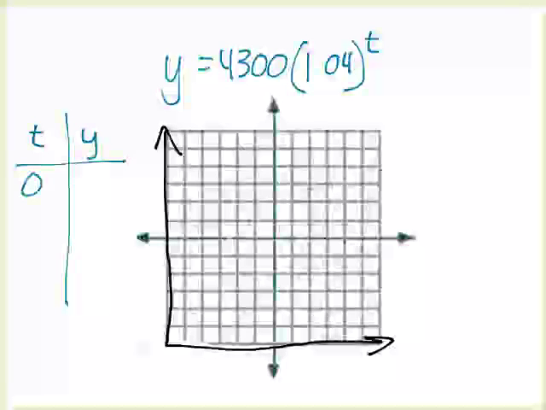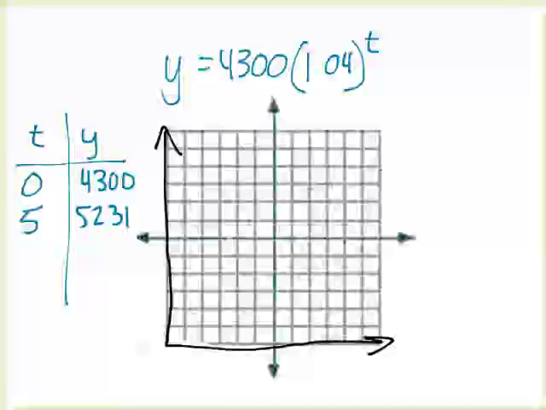So well, we know 0 is 4,300. So that's one value that we're just given. That's our initial. 4% is not very much. So I'm thinking this might take a while to get there. So I'm going to say maybe it's 5 years. Try plugging in 5. That is 5231.